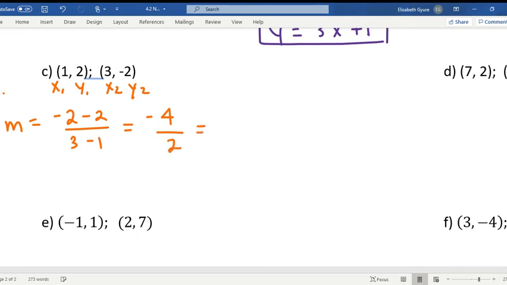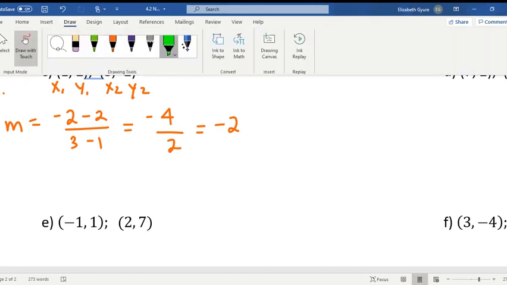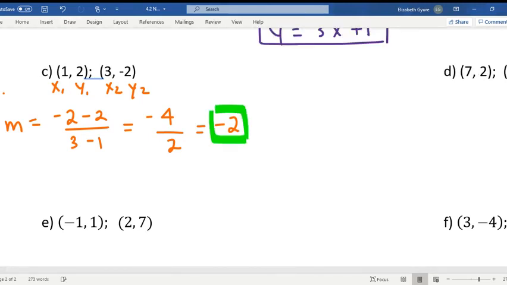And Asia, what's -4 divided by 2? -2. Good. Okay. Now, do I have a slope? Yes. Do I have points? Yes. Do I care which point you use? No. Pick whichever one you think looks easier. Personal opinion is the first one because there's no negatives, right?